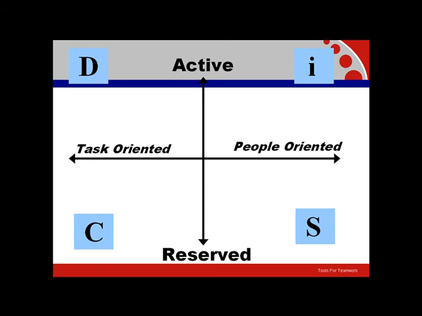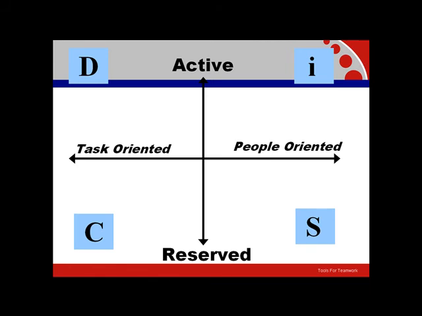The high I stands for influencer, because the high I's tend to be able to influence others very easily. If you are people-oriented but reserved, you fall into the S category. And the S can stand for things like stable or steady or secure. The S personality tends to like things the way they are, not want to do too much in the way of change, kind of just want to get along with others around them.